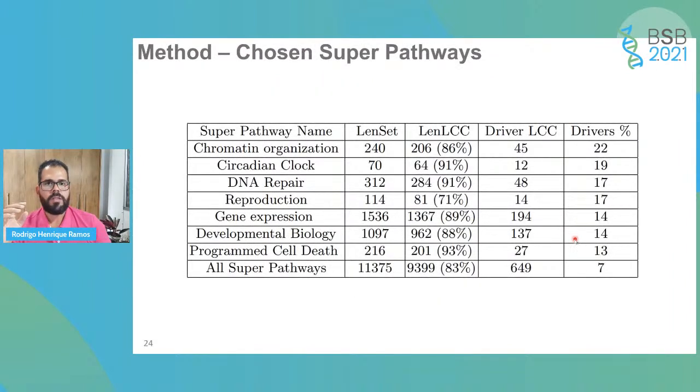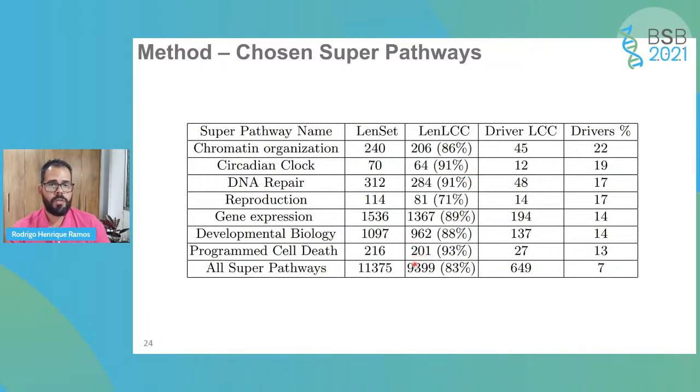We analyze the 7 pathways most associated with cancer. How did we do that? For example, programmed cell death, Reactome associates 216 nodes to this pathway. But when we extract from the network an induced subgraph, this network ends up with 201 nodes in its largest connected component.